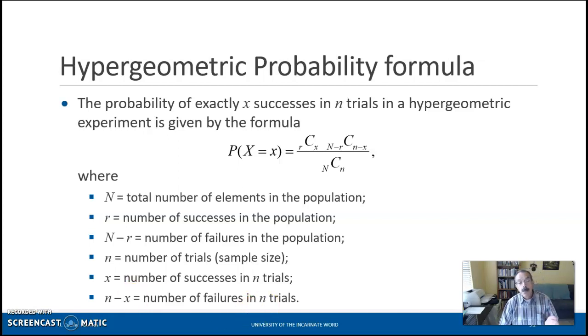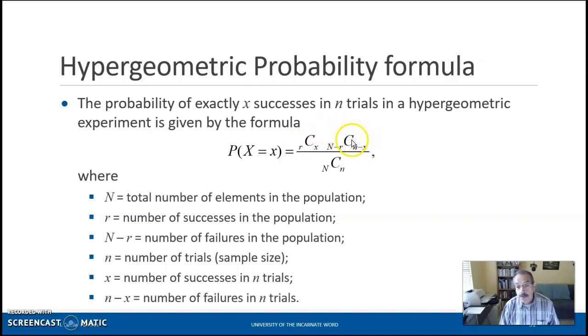All right. Now with these numbers defined, we can see the formula to obtain hypergeometric probabilities. In the numerator we have the combination giving the ways of selecting a given number of successes from the R successes in the population.